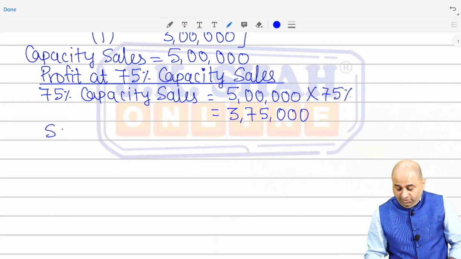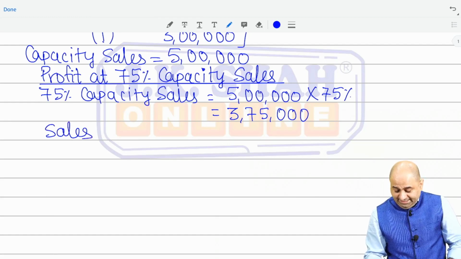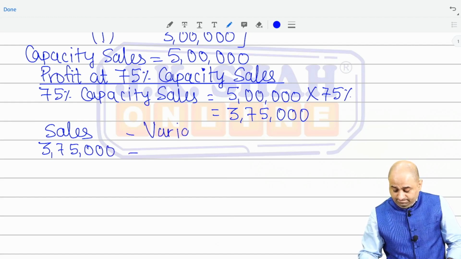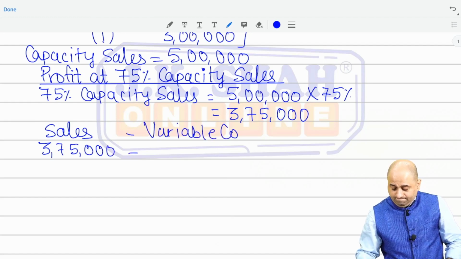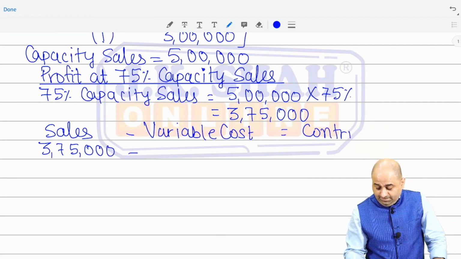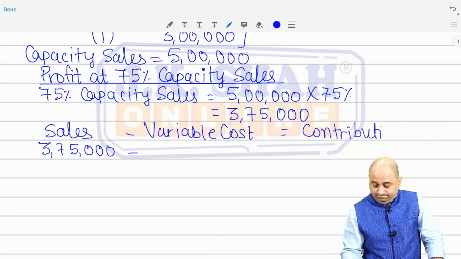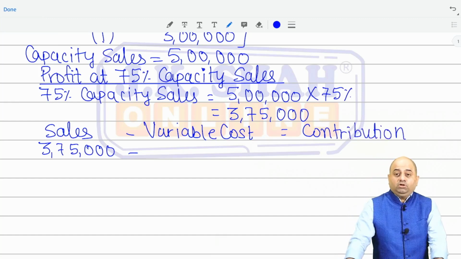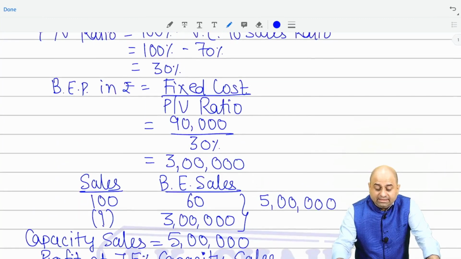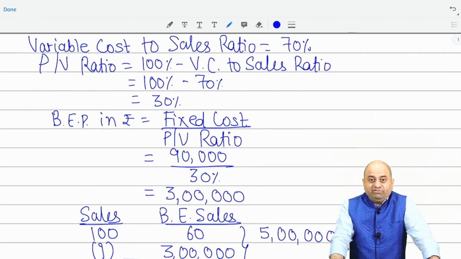Now we know this very well. Sales 3 lakh 75,000, minus variable cost is equal to contribution. Now some part of that sales we are taking. The relation which is given here at the top will not change.